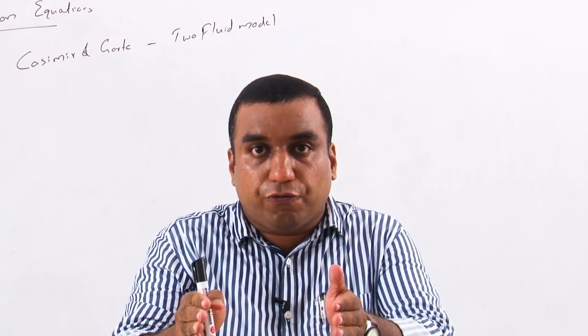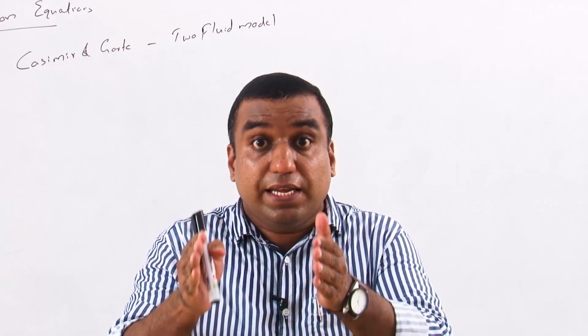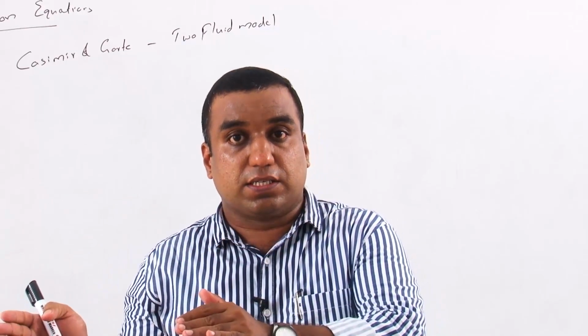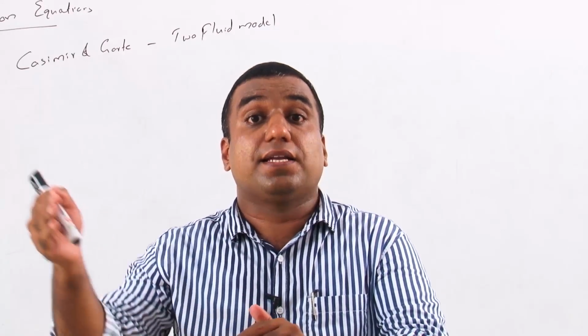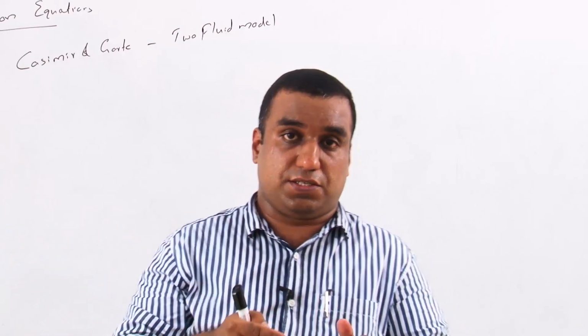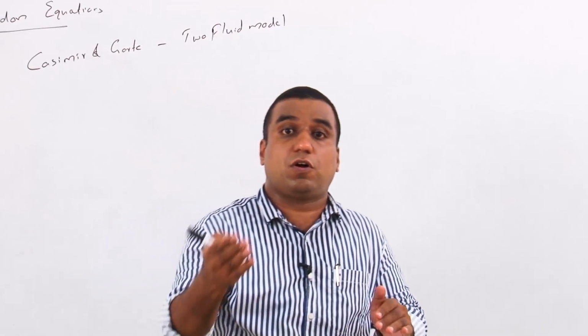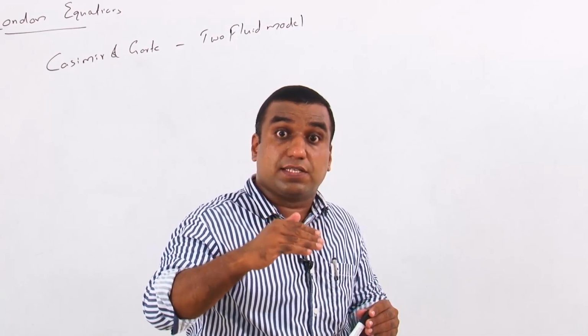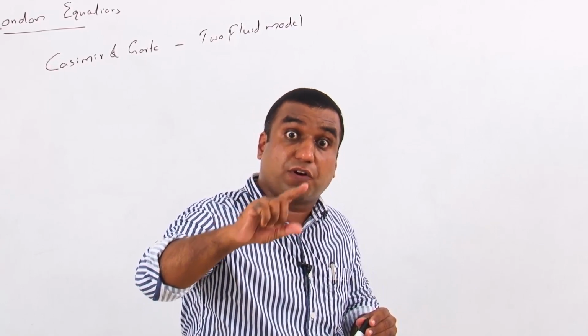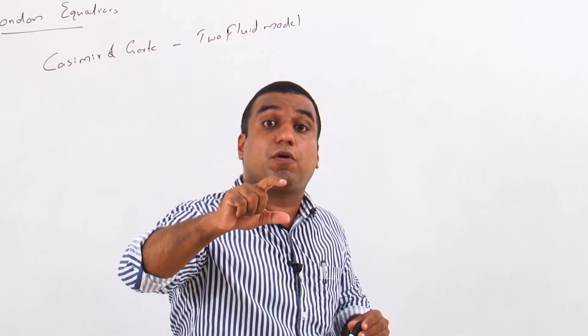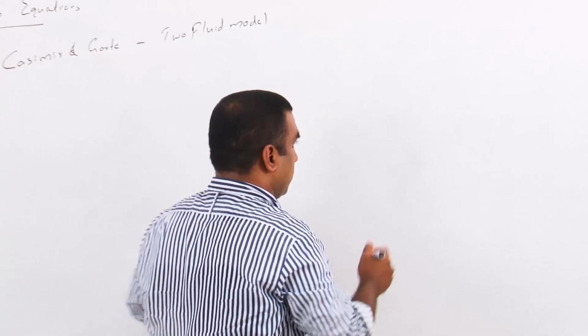The total number of electrons at any instant inside a superconductor is a constant, and as temperature decreases, the number of superelectrons increases, and as temperature increases from 0 Kelvin, the number of normal electrons increases.